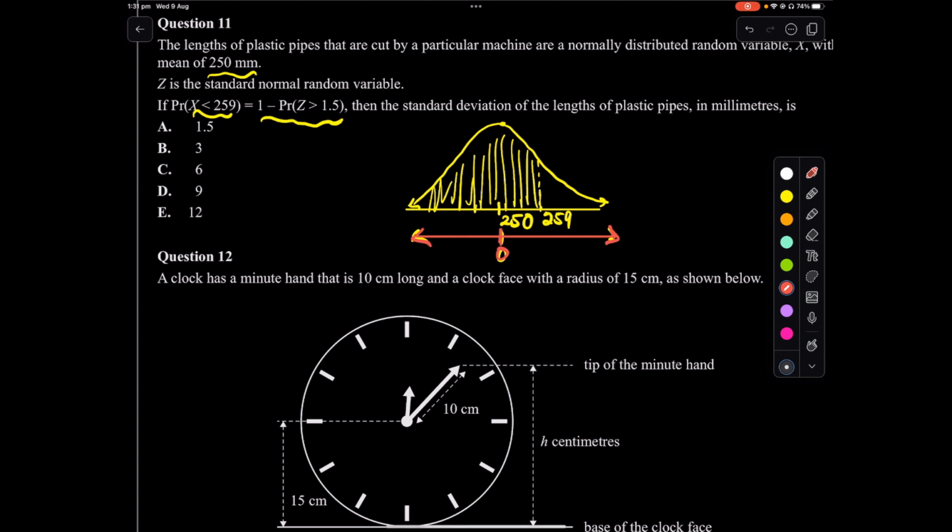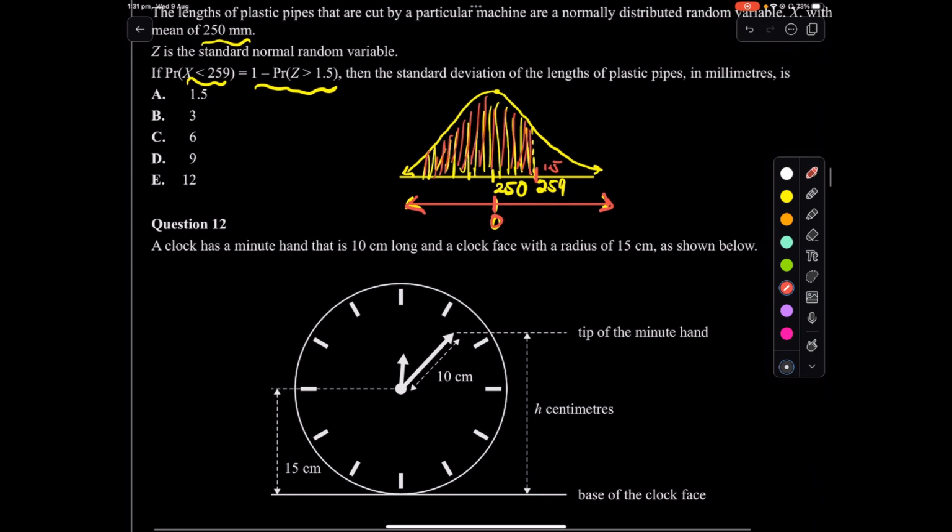So probably z is greater than 1.5. Let's say 1.5 is right over here, and it's 1 minus it. So it's pretty much the same as this. And we just want to find the standard deviation of the length.